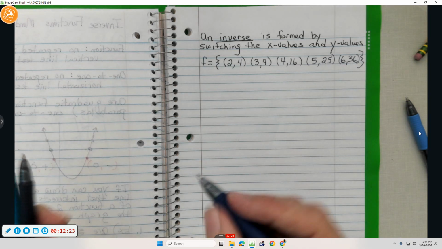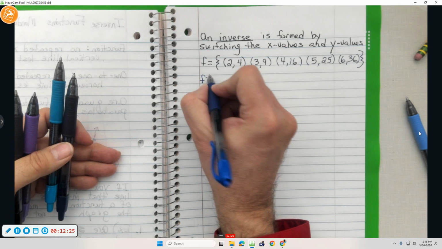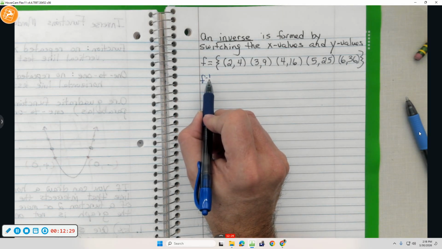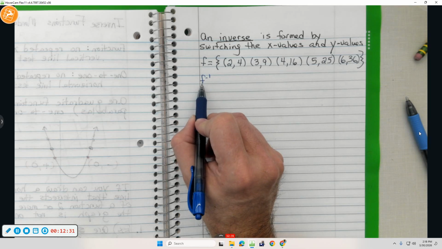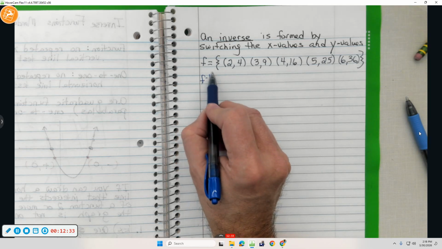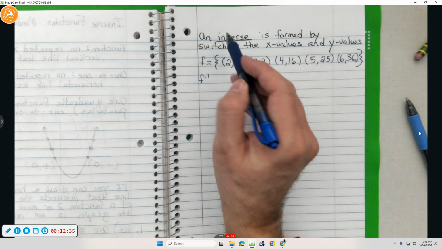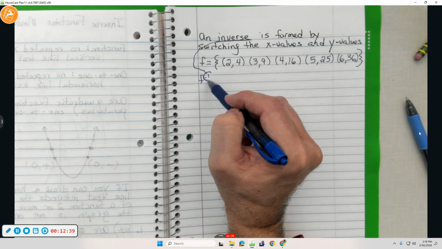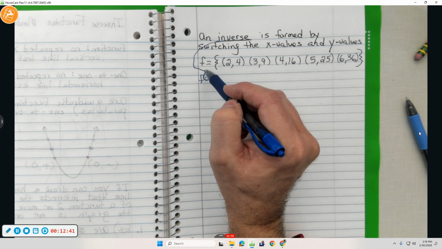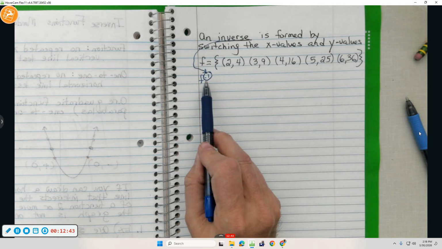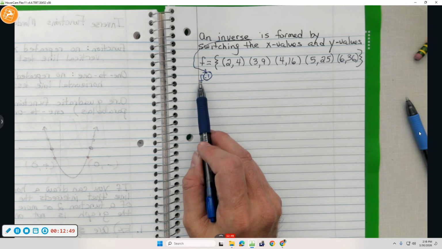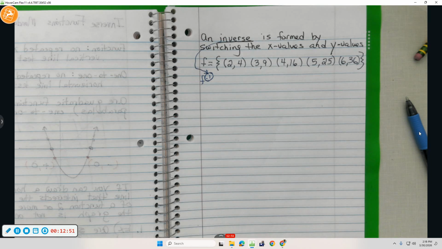With the inverse, this little notation looks like a little -1. You read that as f inverse. That's the notation for inverse. I'm trying to say that little -1 there. Don't read it as f to the -1.